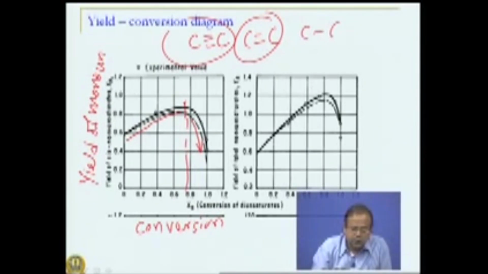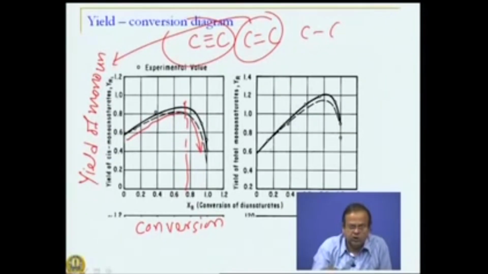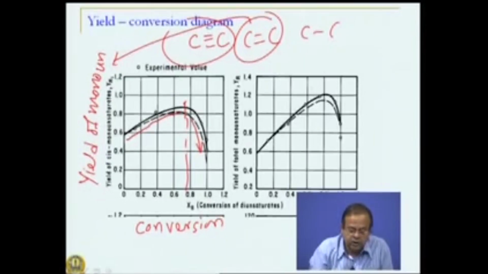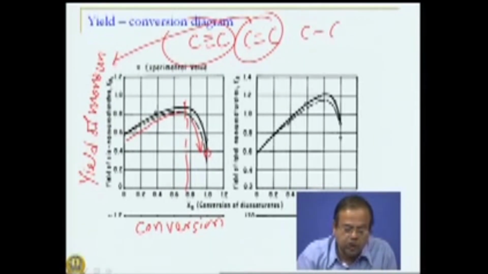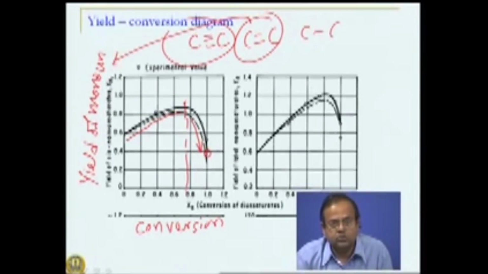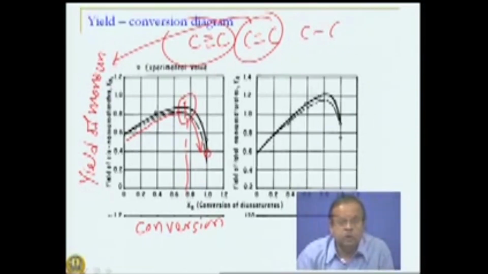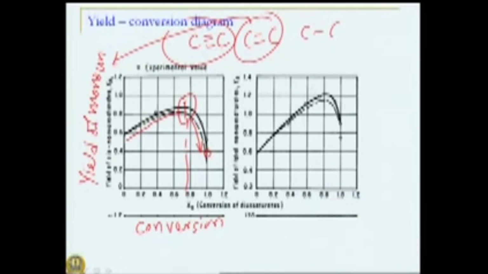In other words, if we want high levels of monounsaturated fatty acids, we do not want 100% conversion of unsaturates, because that gives you fewer monounsaturates compared to 80% conversion. So, there is an optimal conversion which is to be decided upon.